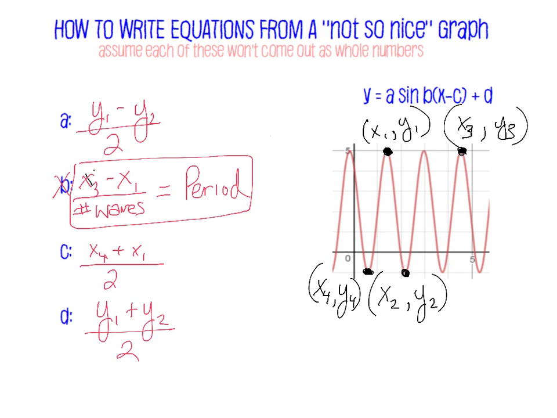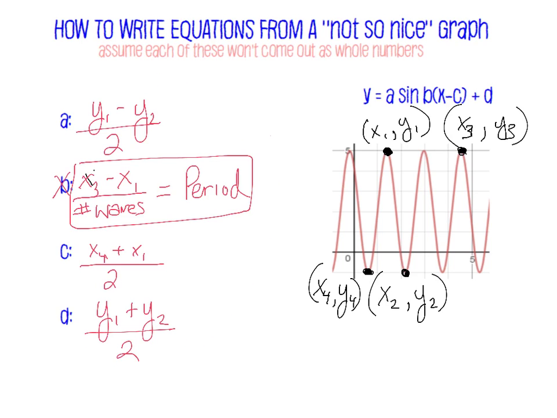Now, I've given you kind of these notes here, but I really don't want you to get caught up in x1s and y4s and all this business. I really want it to kind of make sense in your head what you're doing. Don't feel like you have to go label everything x1, y1, like I have labeled it here. I've only done that so I have something to reference as I'm writing down the concept of what you're doing.